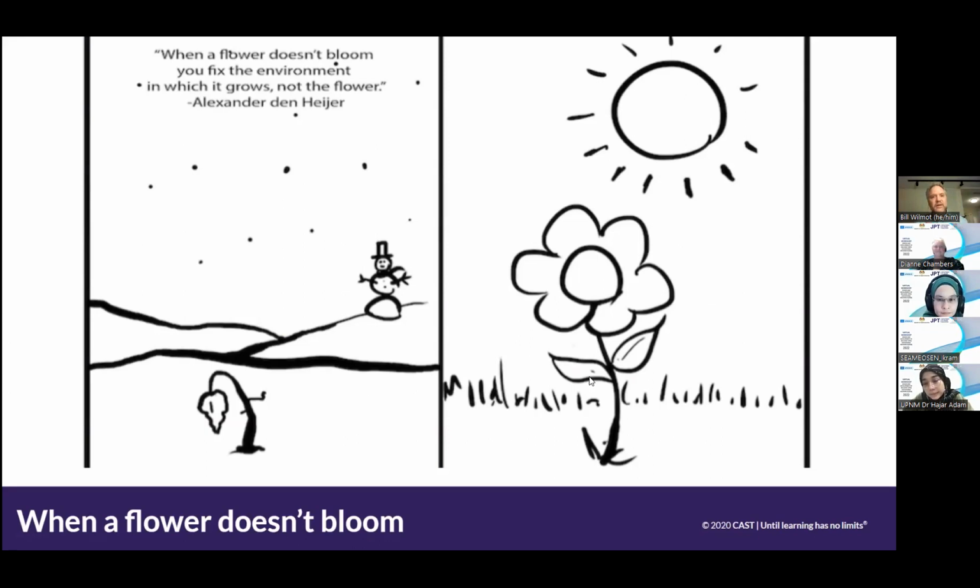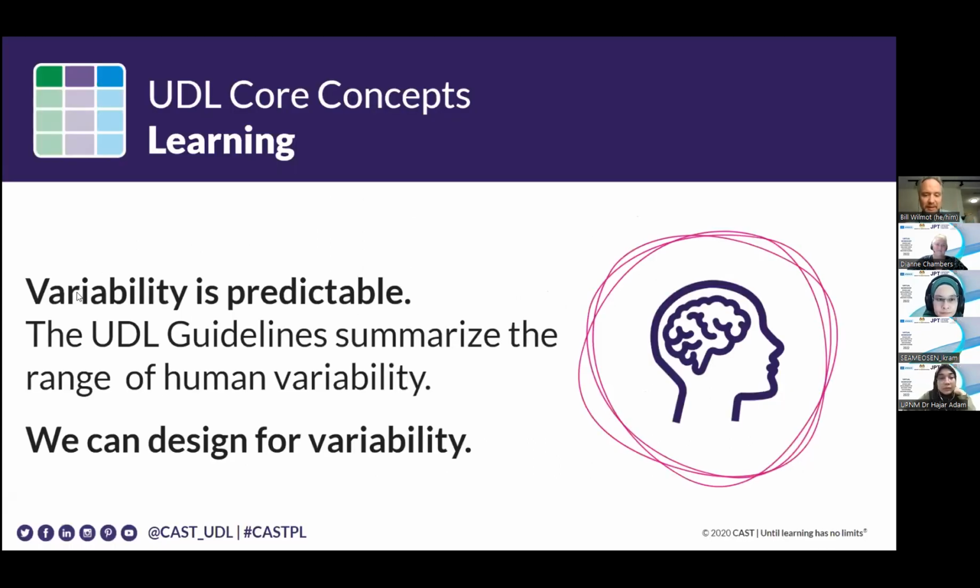We change the environment to support the blooming of the flower. Sometimes I get the reaction on this one, well, what about the snowman when the sun is out? He's just going to melt. So there does have to be flexibility in the environment, right? It can't be the same for everyone. So you have to think about how I provide that flexibility in my learning environment.